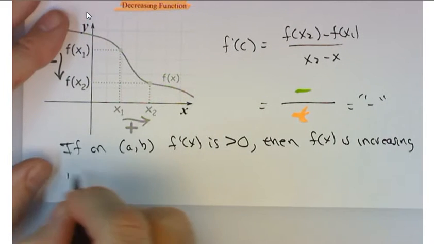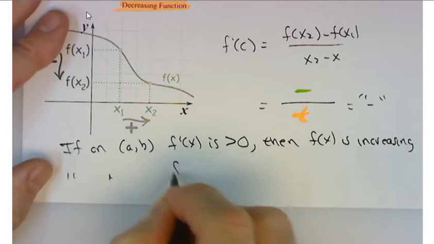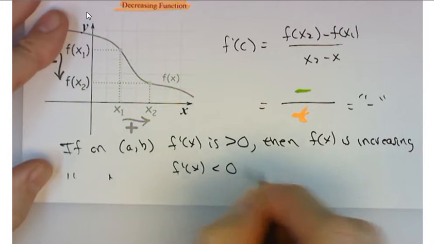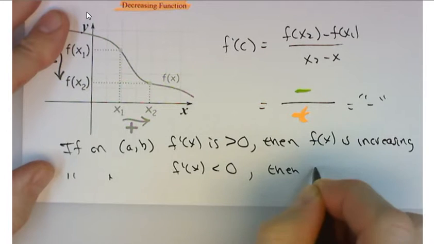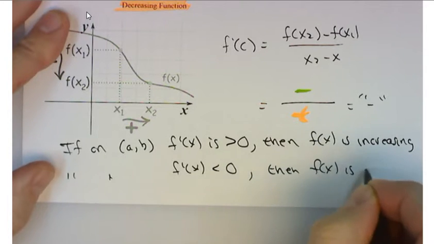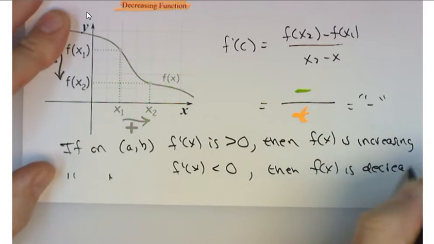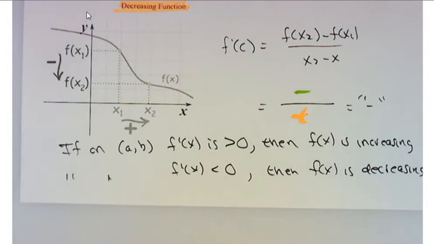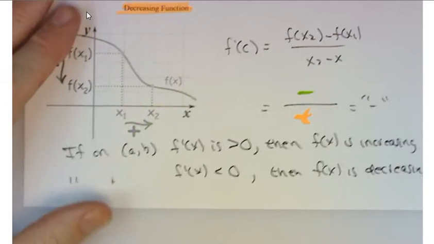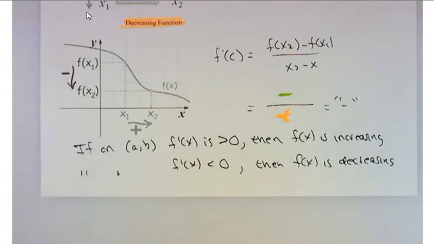And similarly, if f prime of x is less than 0, then f of x is decreasing. And that's the major conclusion out of this first little bit: based on the sign of the derivative, you can tell what a function's doing. You don't even have to look at the graph. You don't have to know or understand what the function is. You can tell if it's increasing or decreasing just by looking at the sign of the derivative.